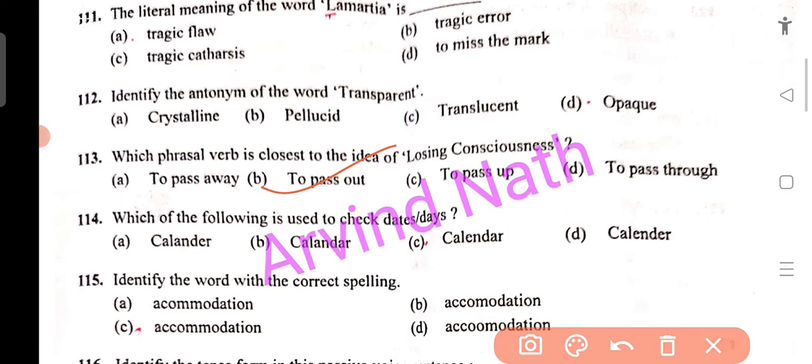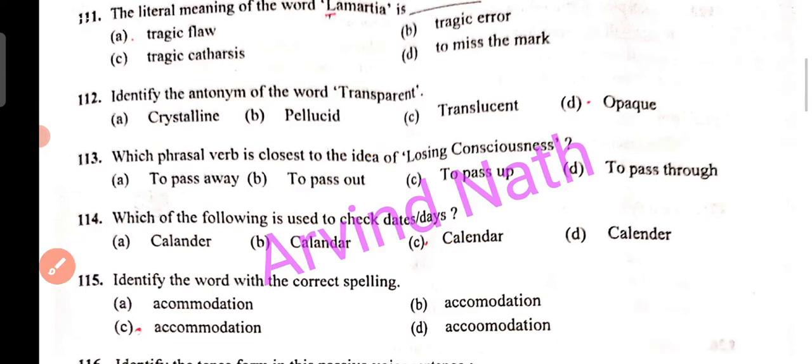Now the next question 114: which of the following is used to check dates or days? It is a simple answer, calendar. There are similar words but the spelling differs, so the correct word is option C.